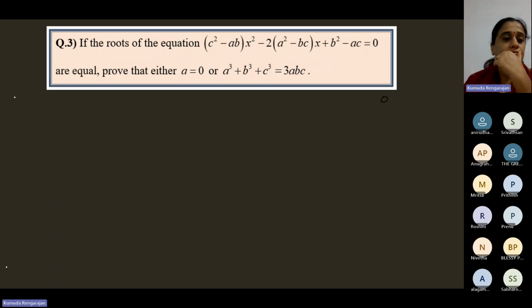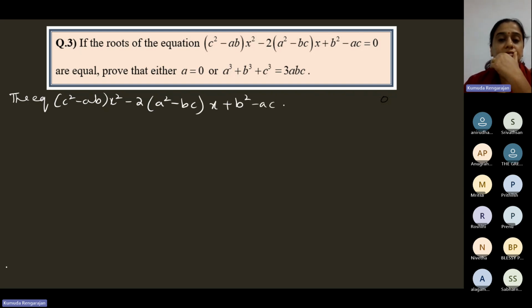So the equation is (c squared minus ab) x squared minus 2(a squared minus bc) x plus (b squared minus ac) equals 0. What is the value of a?